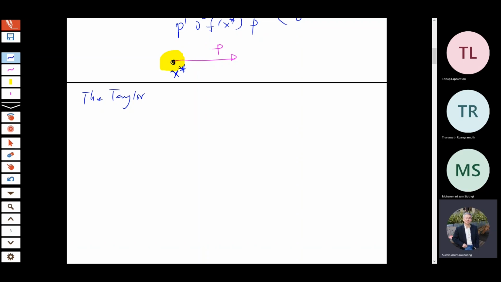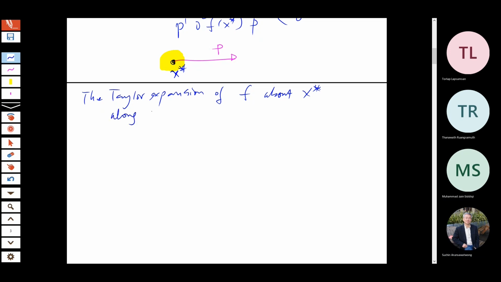So we look at the Taylor series expansion of f about the point x star, along the direction p.